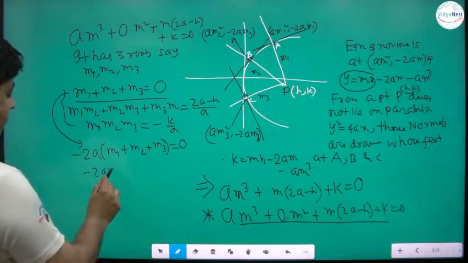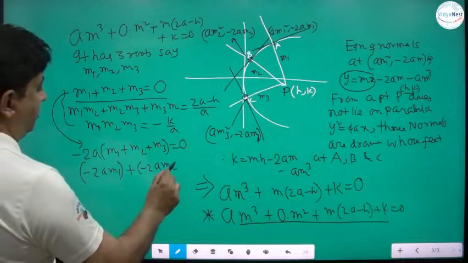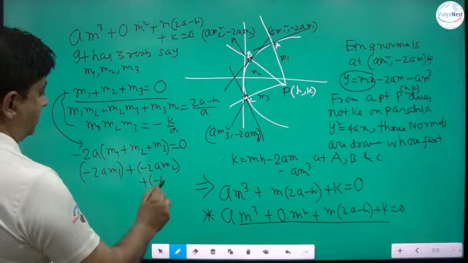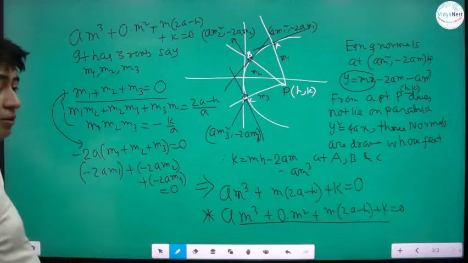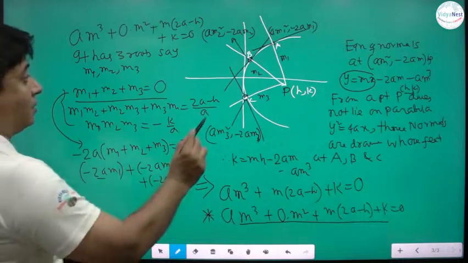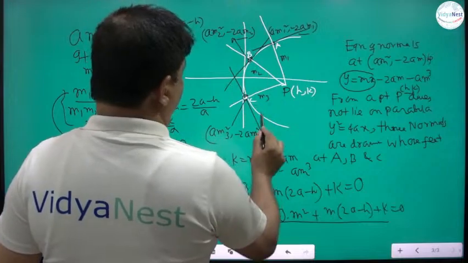Minus 2a m1 plus minus 2a m2 plus minus 2a m3 is equal to 0. So these are the y components of the feet of the normals.